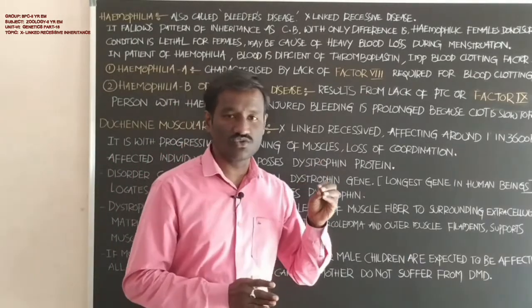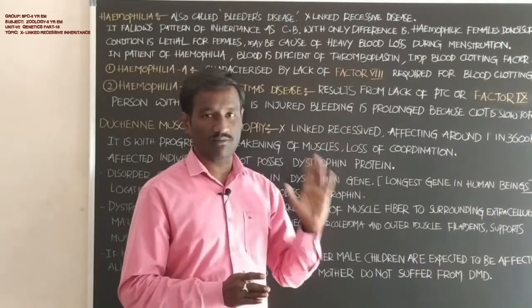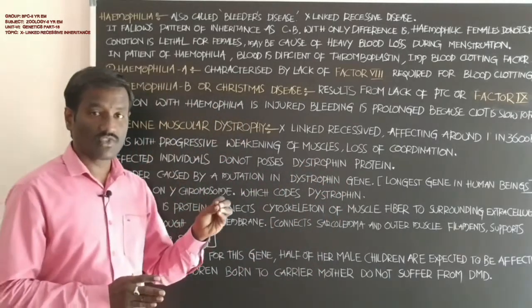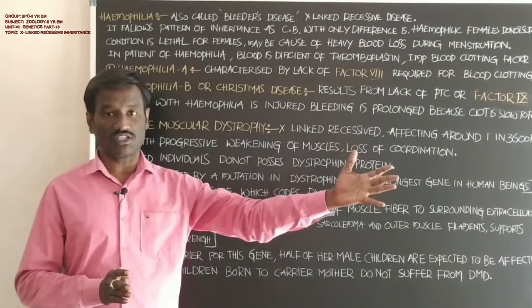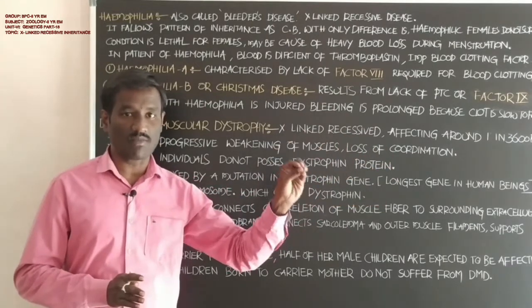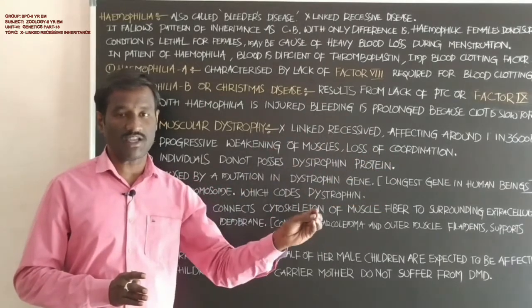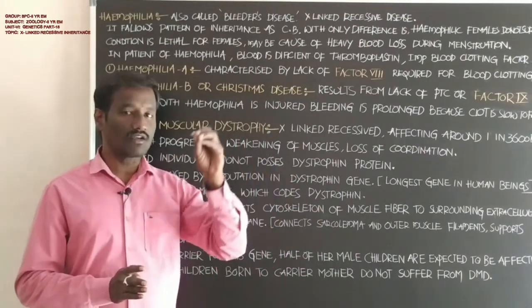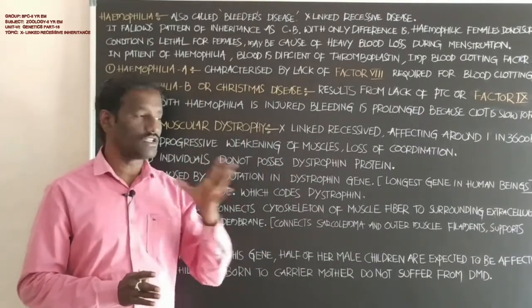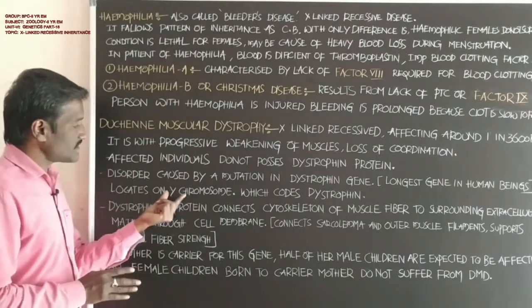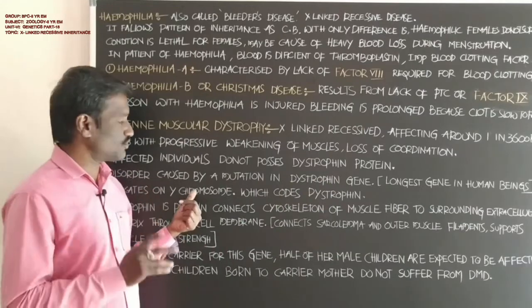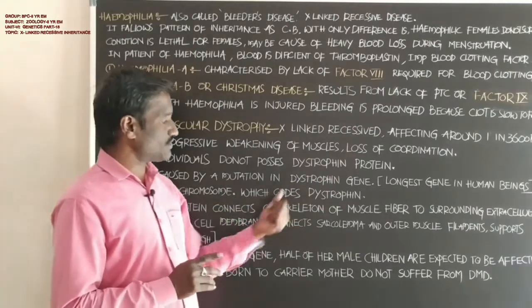This is the longest gene in human beings, students. It is important. The dystrophin protein is coded by one gene present in the karyotype of human beings. That gene is the longest gene among all genes. It is located on the Y chromosome, students, and codes dystrophin.